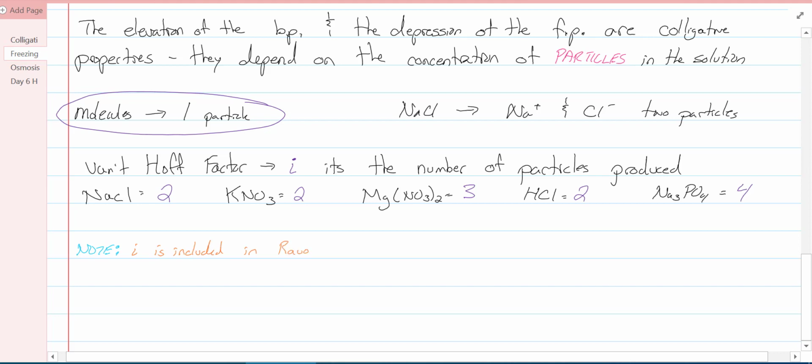I spelled that wrong, R-A-O-U-L-T. So the number of particles in the mole fraction, that matters. It's in the mole fraction part. Okay? It's very important to have it there as well.